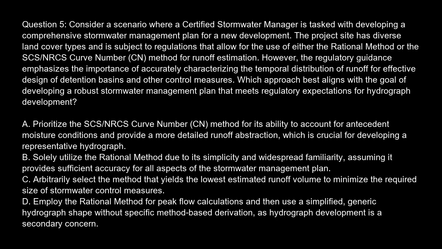Option C. Arbitrarily select the method that yields the lowest estimated runoff volume to minimize the required size of stormwater control measures. Option D. Employ the rational method for peak flow calculations and then use a simplified, generic hydrograph shape without specific method-based derivation, as hydrograph development is a secondary concern.